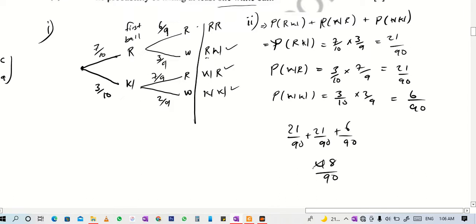Dividing by 2, that will be 24 over 45. So we have reduced it. This is the probability of getting at least one white ball.